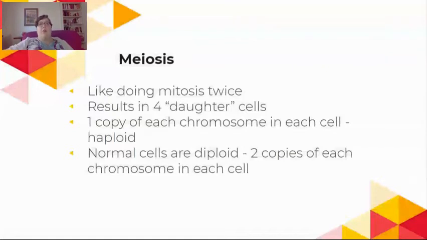Normal cells, when they go through mitosis, end up with 2 copies of each chromosome in a cell. So we call them diploid because they have 2, di, the prefix 2. So 1 copy of each chromosome in each cell is the end result of meiosis. We call these cells haploid because they have half of the normal amount of DNA that a body cell should have.